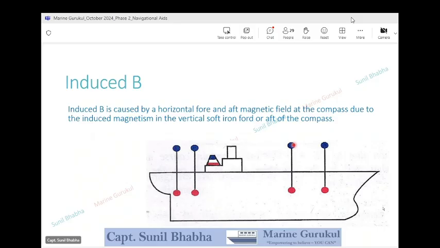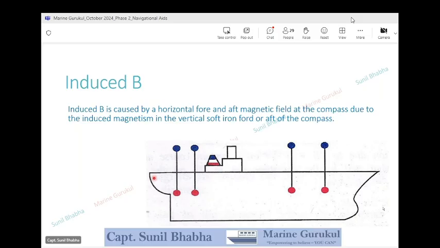The vertical soft iron which we have on ship could be the forward mast, it could be a crane, it could be the funnel, or it could be an aft mast or a crane aft of the compass location. Now all these vertical structures will be induced by the magnetic field of the earth, by the vertical component, Z component of the earth.